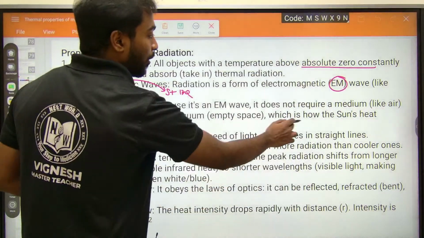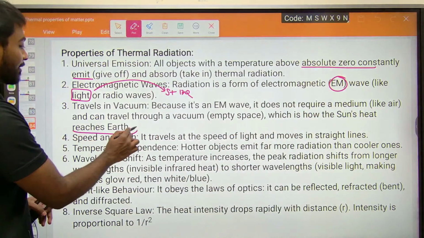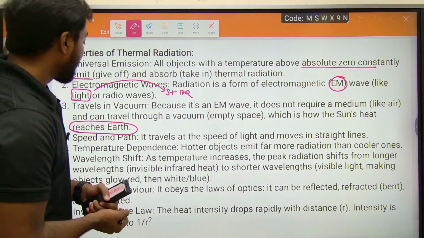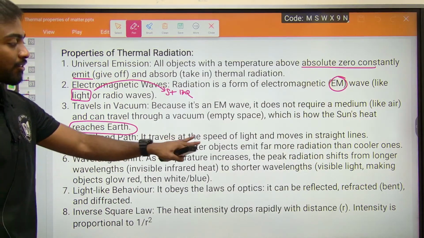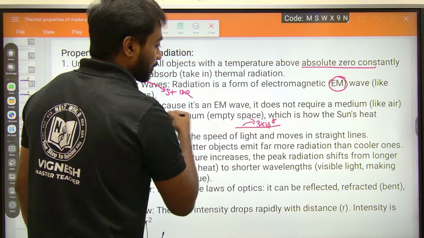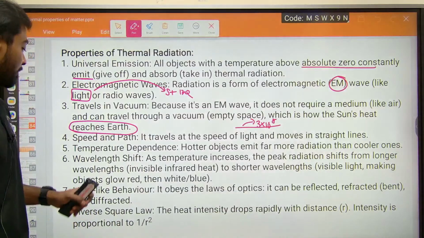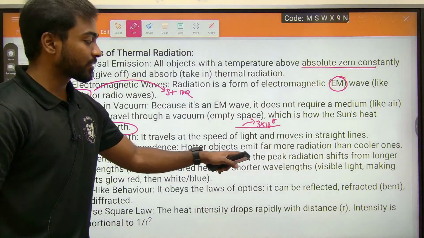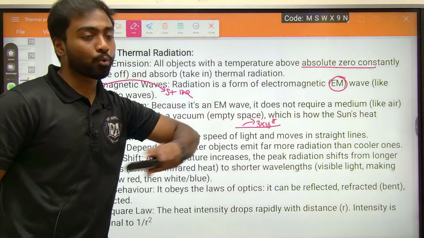That is how the sun's heat reaches the earth, through vacuum. On speed and path, it travels at the speed of light, 3 × 10^8 m/s, and moves in a straight line. Temperature dependence: a hotter object emits far more radiation than a cooler object.